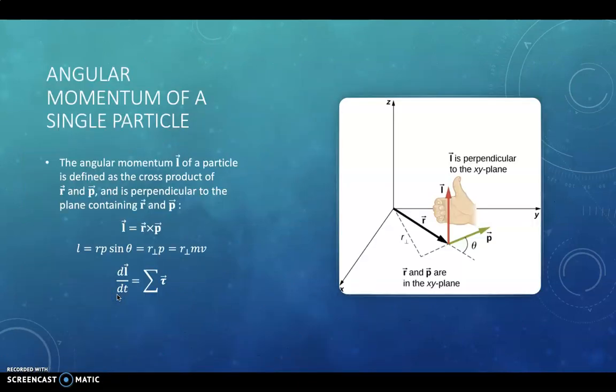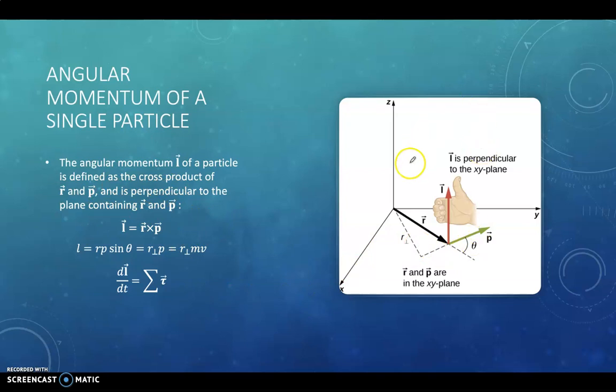Okay. So now let's look at angular momentum of a single particle, and this will be seemingly simpler. The angular momentum L bar of a particle is defined as the cross product of r and p and is perpendicular to the plane connecting r and p.